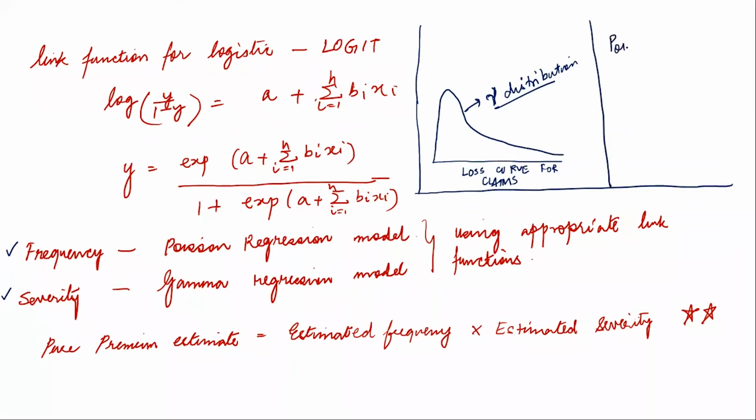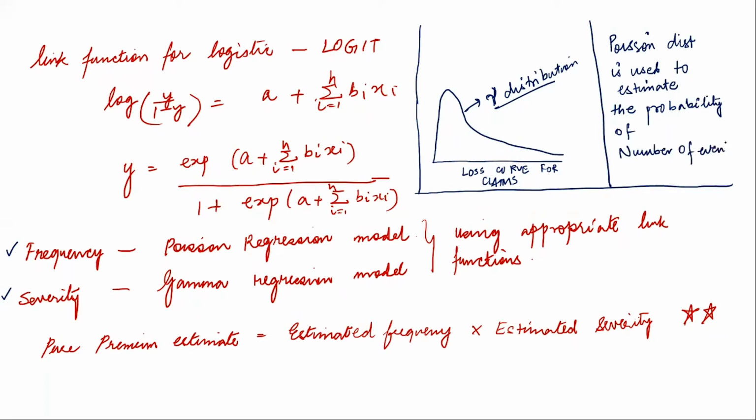So always remember that Poisson distribution is used to estimate the probability of number of events.